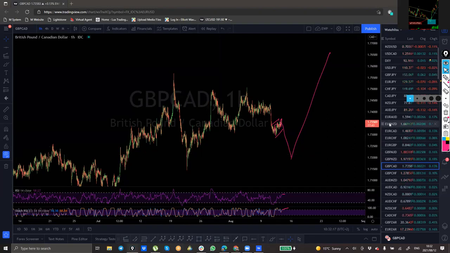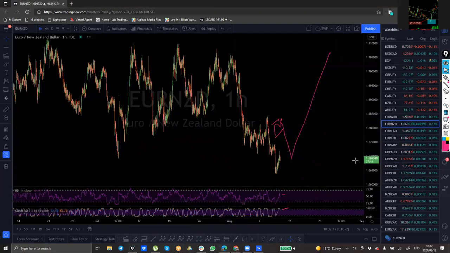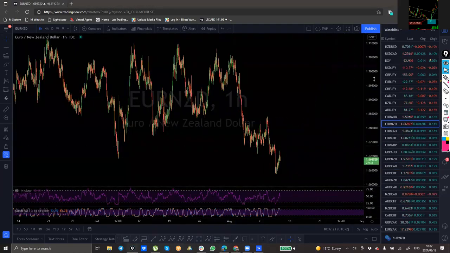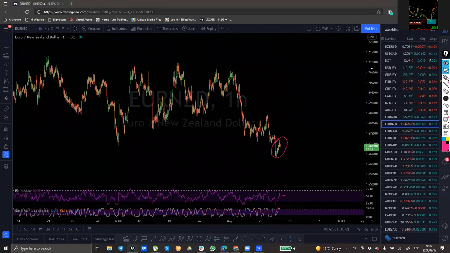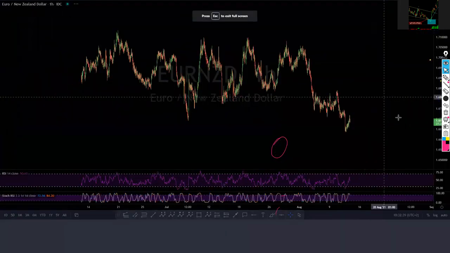On euro New Zealand, although the current price action looks corrective in this area here, the RSI is above 50 and the stock RSI is also at the top there, so no trade setup necessarily. In any case, what we are expecting structure-wise on euro New Zealand is a move to the upside.